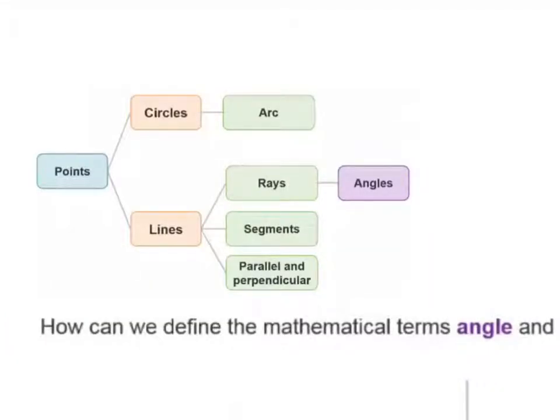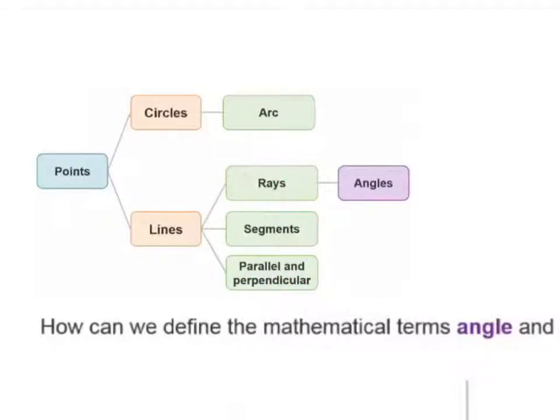Okay, on the next page, we have this little diagram here. If we have points, we take this undefined term, we have these two defined terms called lines and circles. When we have lines, we can either talk about line segments, rays, parallel and perpendicular lines.